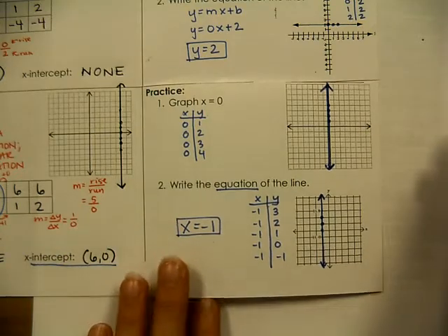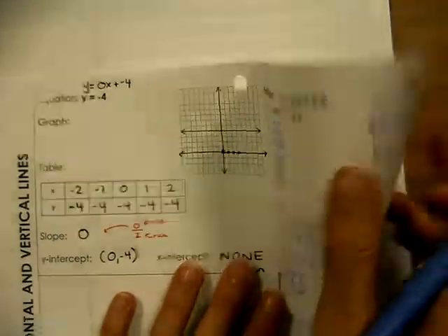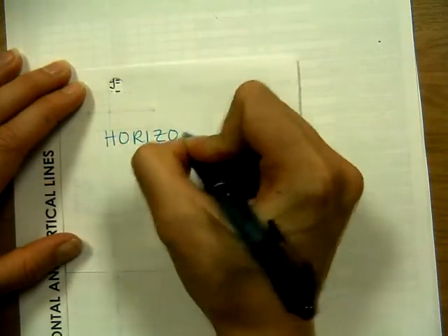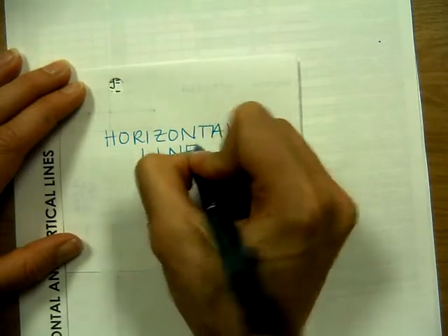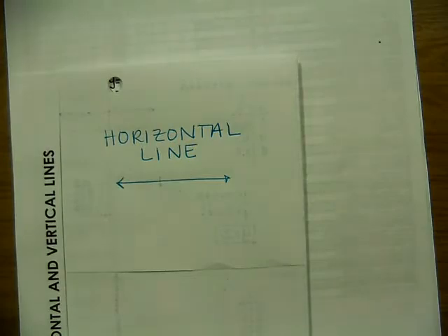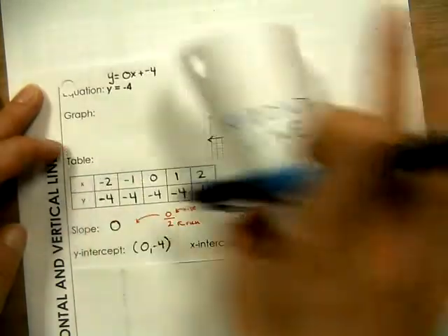So if we want to summarize this, if you look at the top, these graphs are horizontal lines. So let's summarize what we have here. On the front, we can talk about how if you have a horizontal line, your graph looks like this, and the equation is going to be, if we look at these equations, you just see y equals a number, you don't see an x.